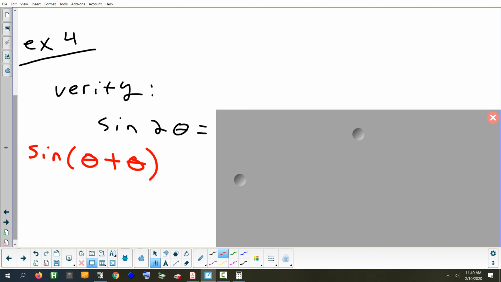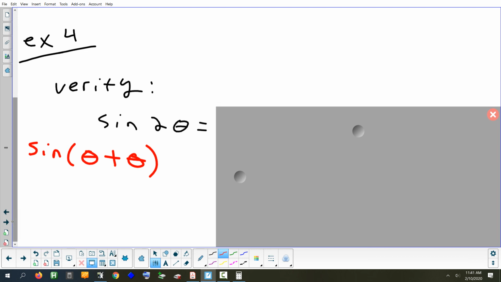Okay, so we just wrote 2 theta is theta plus theta. I know that it has a plus in it because with the sine identities, plus matches the plus. What's the first trig function? So then it's sine, cosine, cosine, sine, right?